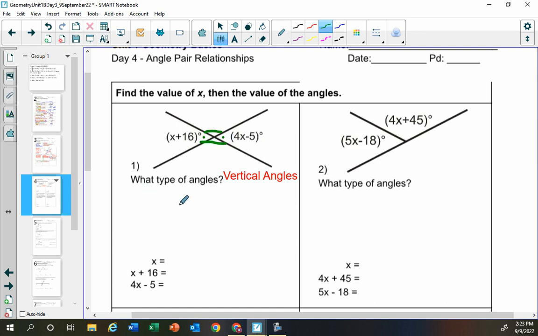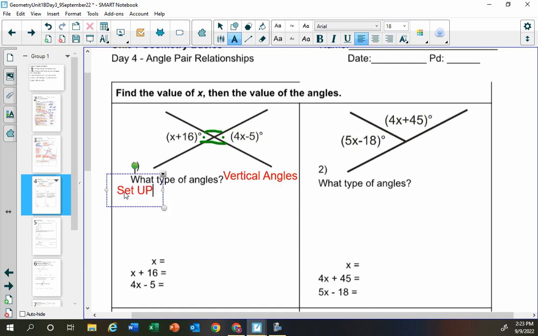Can we solve that? So you're going to get the value of x. Because Richard said the two angles are the same, here's our setup: x plus 16 equals 4x minus 5. That's going to be your setup equation.